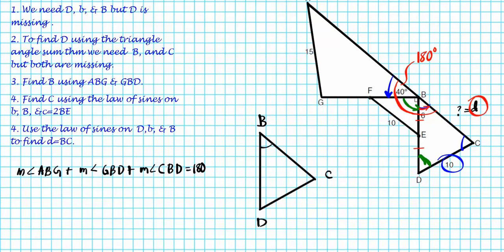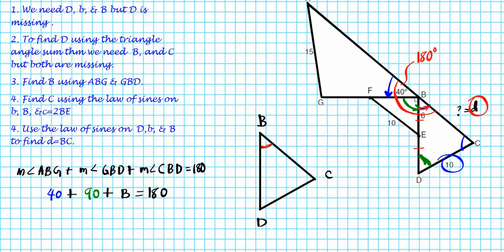So let's go ahead and input what I know. I know ABG is 40, so I have 40 degrees for that, plus the one in the middle is 90 degrees, right? Angle GBD, the one right in the center, is 90 degrees. And what's the last one? I don't know what that is. That's going to be my angle B, so let me just put B here, equals 180 degrees. This angle B is this angle right here. Let me color code it so you can see.